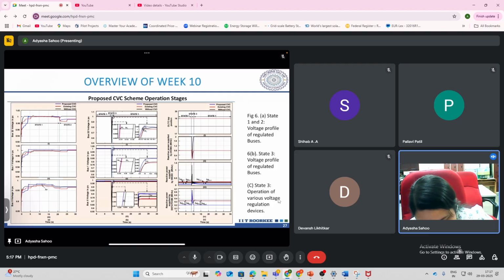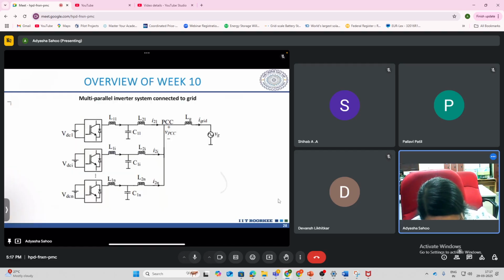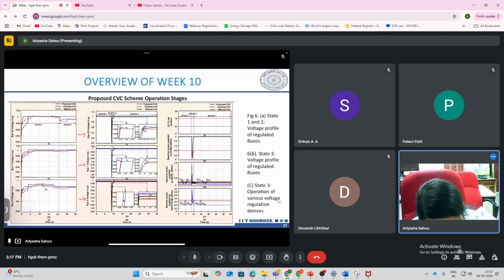So this is nothing but the zoomed in version of these plots. You can see, in the last figure here, this is the time delay that you are introducing on the x-axis, and on the y-axis, the voltage in blue is 0.98, which is the best voltage, but without CVC, the voltage was at 0.975.